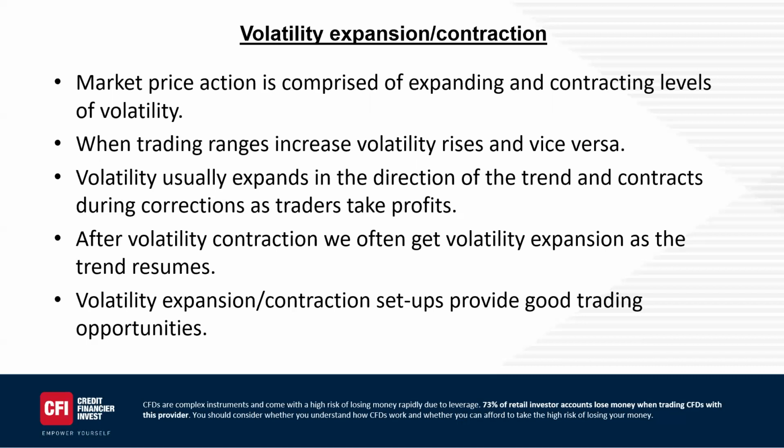Volatility, a bit like volume when you study price and volume analysis, usually expands in the direction of the trend and contracts against the trend during corrections, because traders are taking profits and there is much more two-way activity, which results in not as much net change up or down. So we've got this expansion and contraction cycle going on all the time.